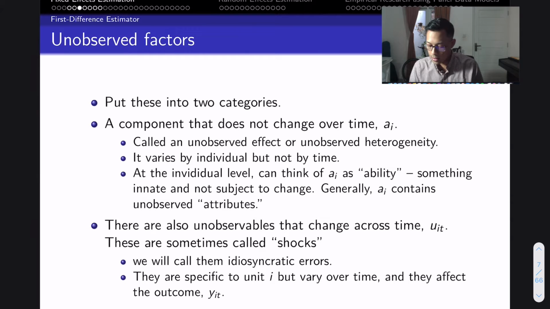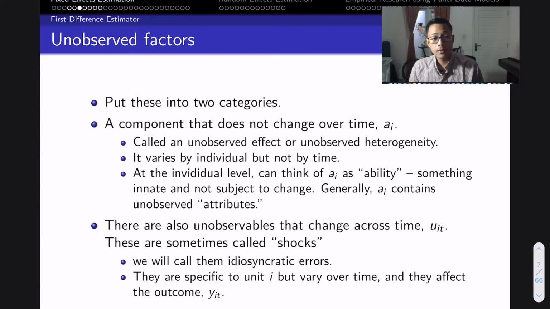So this unobserved heterogeneity varies by individual, but it doesn't really vary over time. At the individual level, we can think of a_i as ability, as motivation, as grit, for example, something innate and not subject to change. Generally, a_i is going to contain unobserved attributes.